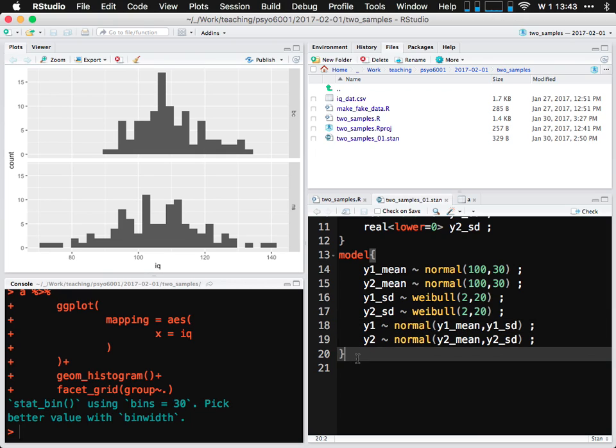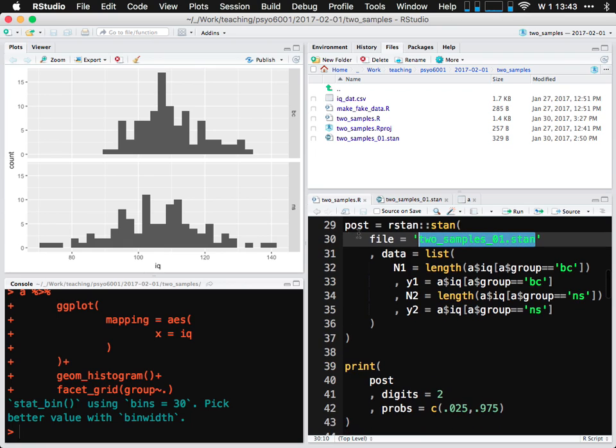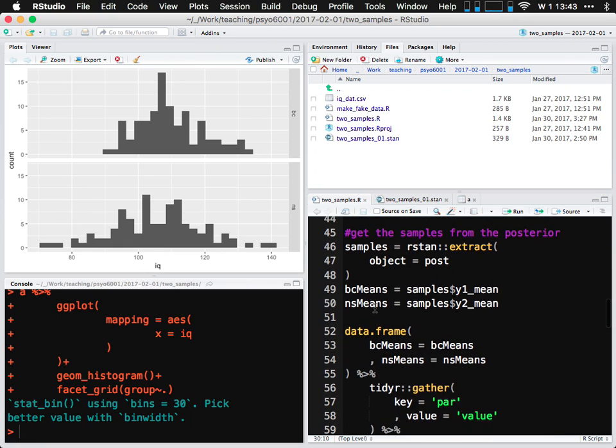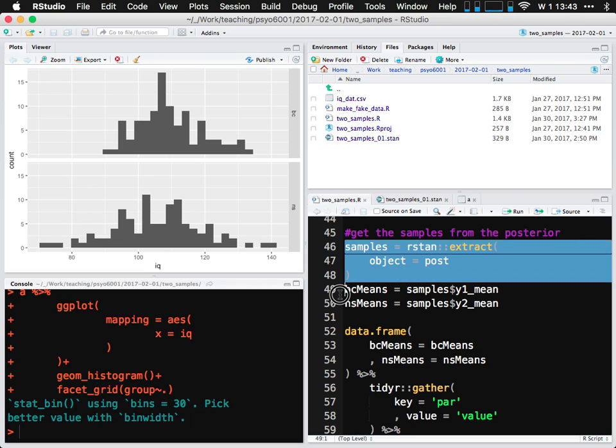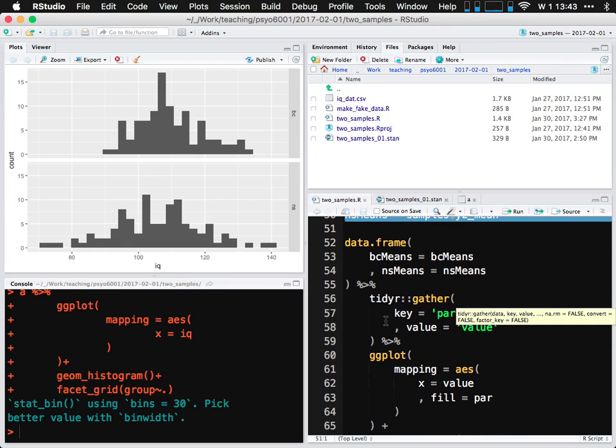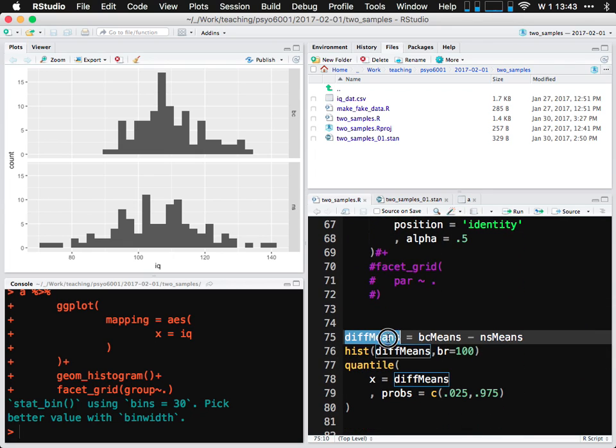Which meant that we had to do some work after the fact to address the question, are these two means different from one another? What should we believe about the difference between these two means? So if we ran this and created this object called post, we would have to extract out the samples for each mean, and then we would plot them, and then also we can do a difference score between the two means.